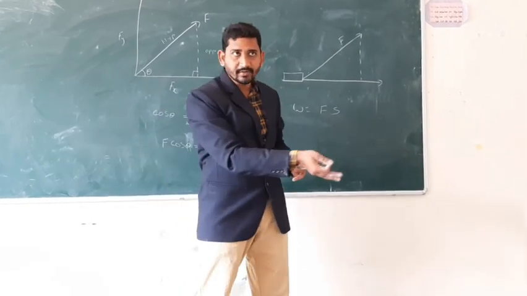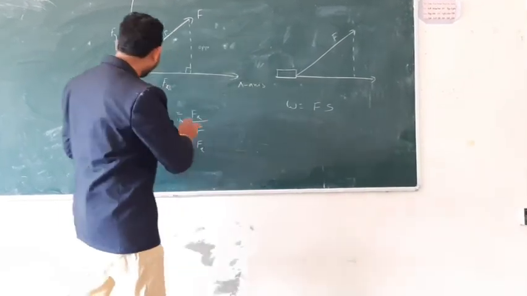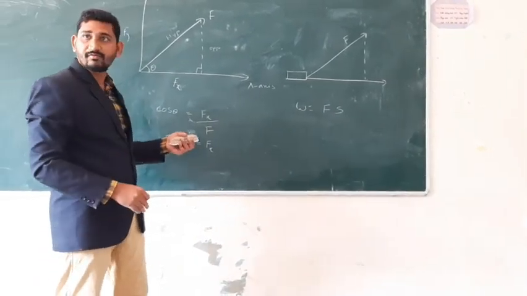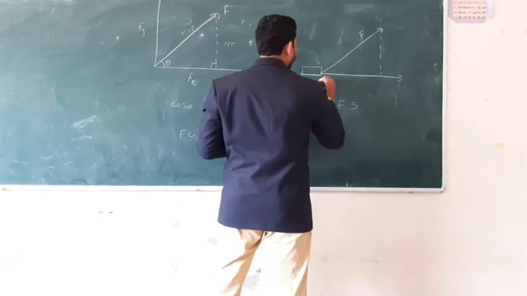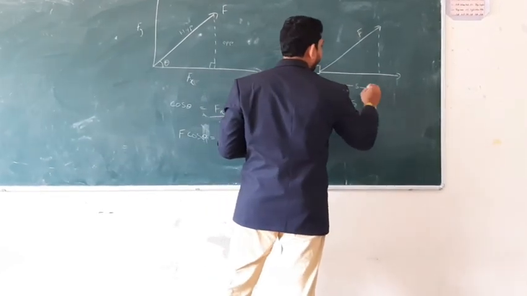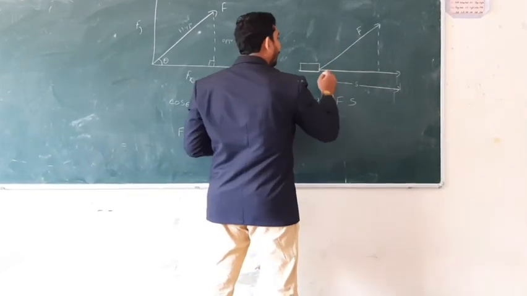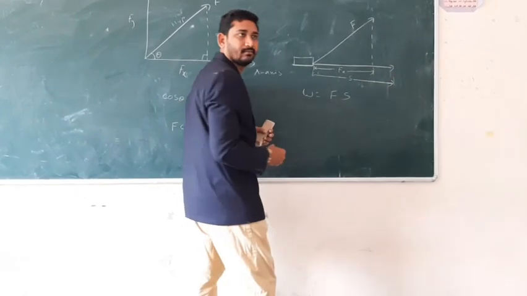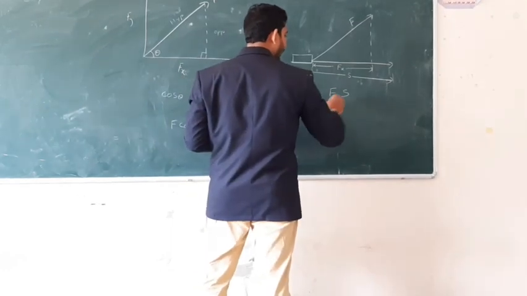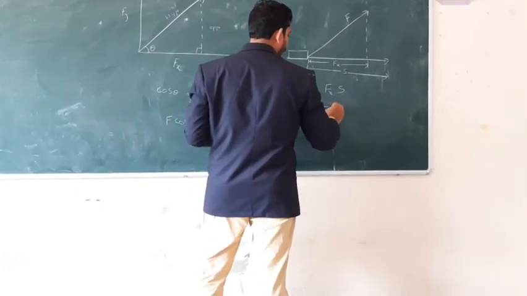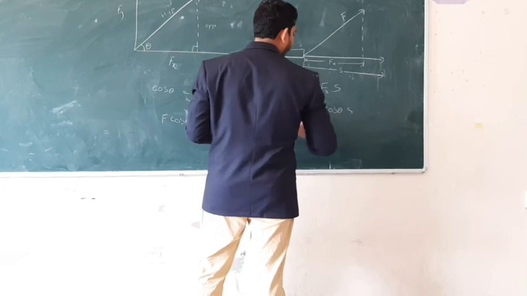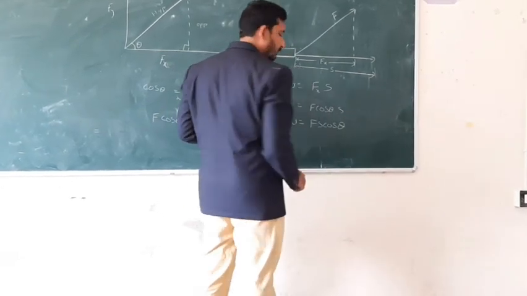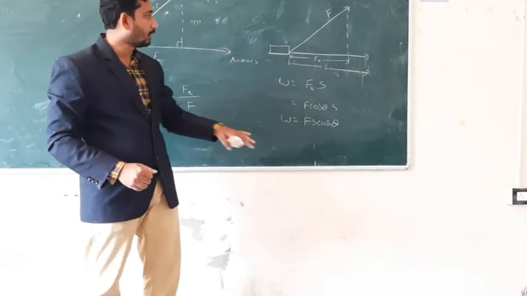Why? Because the dog is moving horizontally. Horizontally, how much force did I apply? Fx, which is F cos theta. So displacement from here to here and applied force from here to here, Fx. So here we should multiply Fx into S. That is equal to F cos theta into S, that is equal to Fs cos theta. You understand how cos theta came?